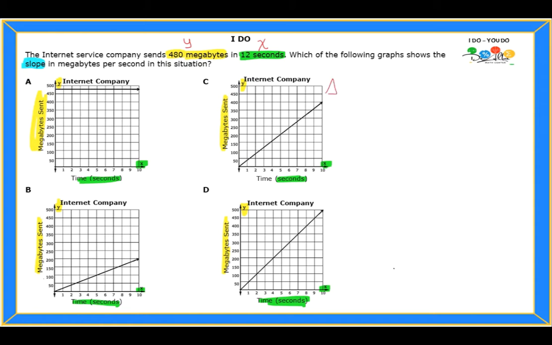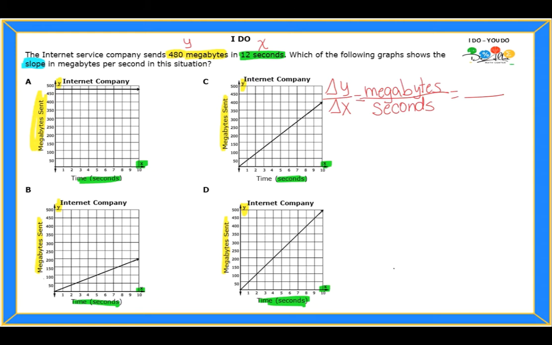And yes, so that still goes with change of the y over the change of the x, where the y is going to be the megabytes that they sent, and the x is still the seconds that it takes to get there, right?